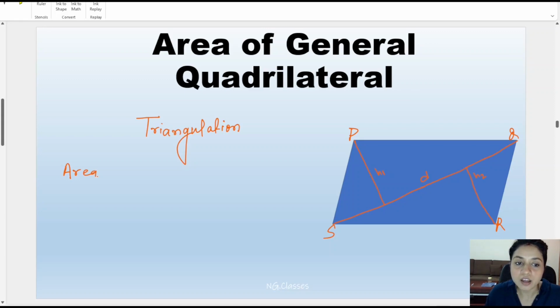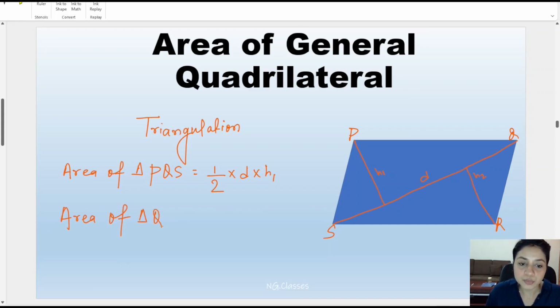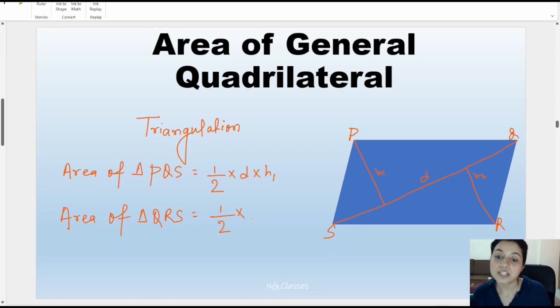So area of triangle PQS will be 1 by 2 times base. Now we can see the base is D and the height is H1. Area of triangle QRS will be 1 by 2 times. Now can you see the base of the triangle QRS is also same as the base of the previous triangle.